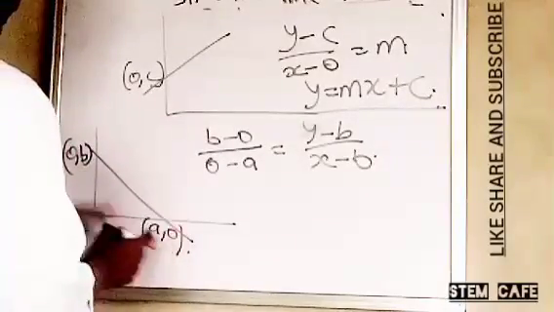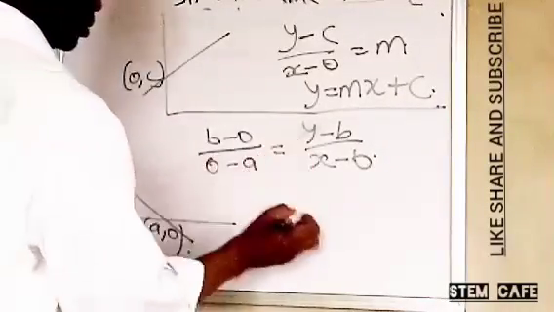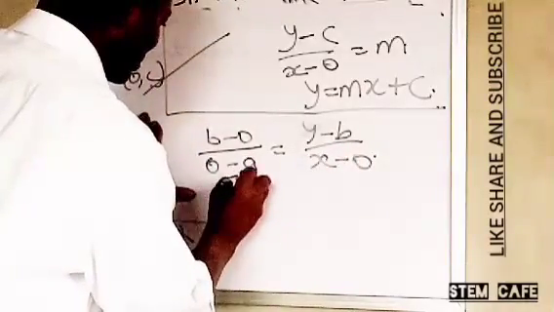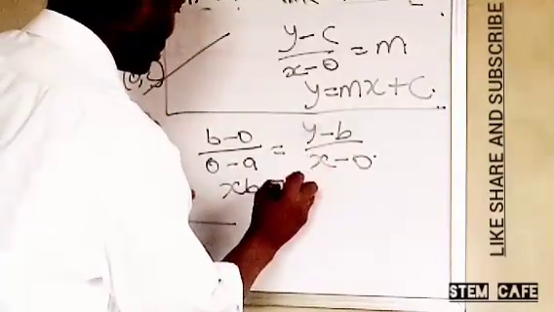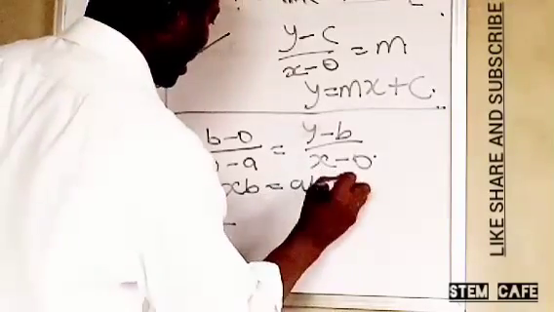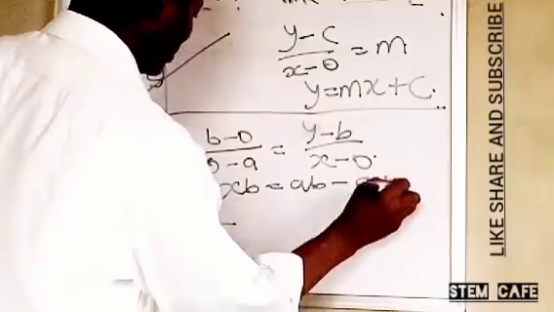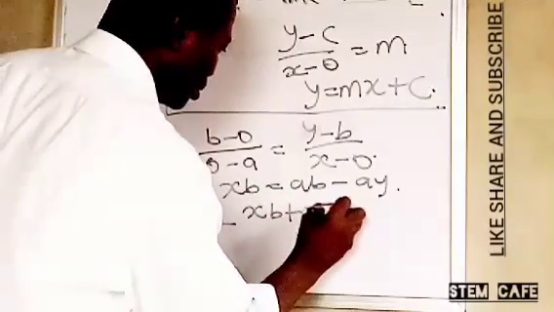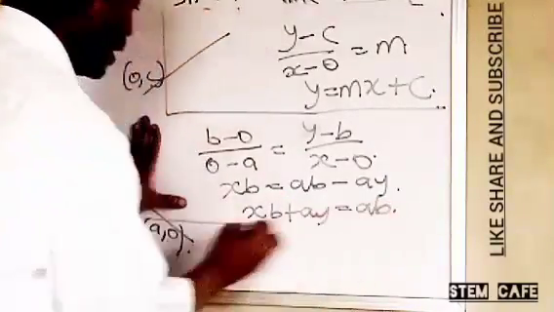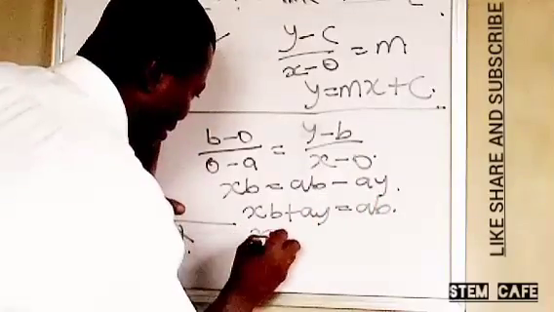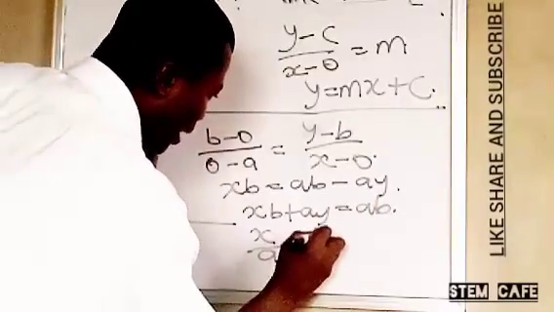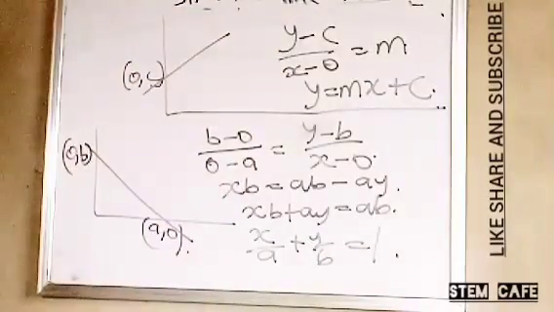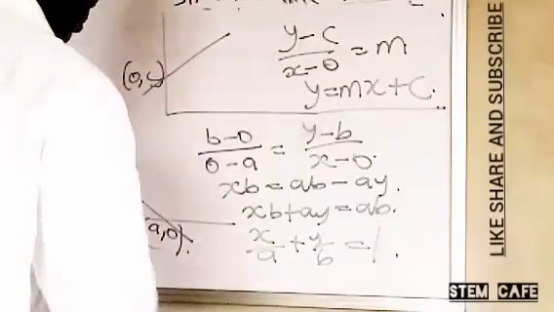So what do we have next? We have xb equals ab minus ay. So xb plus ay is equal to ab. Dividing through by ab, we have x over a plus y over b is equal to 1. That is our double intercept format.